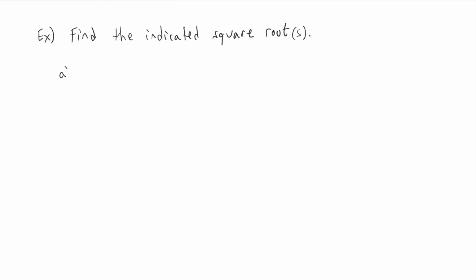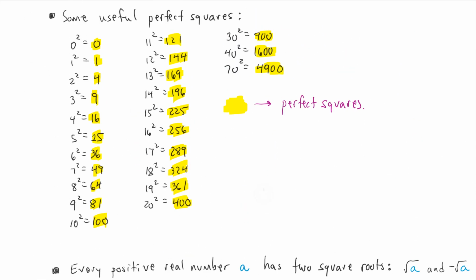All right, so for example, let's say you're asked to find the principal square root of 81. Since you're asked to find the square root of 81, you're basically trying to find what number, when squared, is 81. Well, 81 is one of our perfect squares.